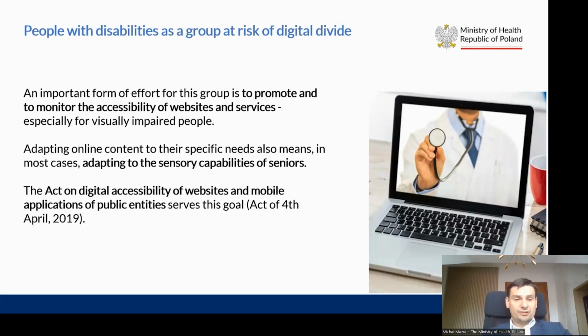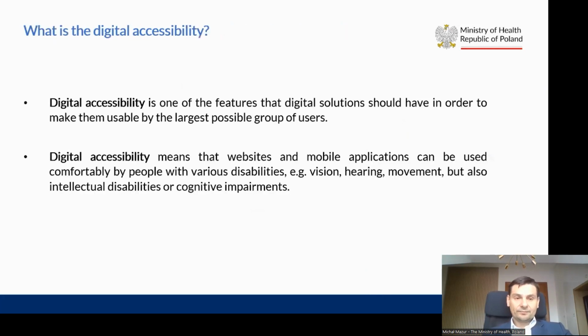Adapting online content to their specific needs also means, in most cases, adapting to the sensory capabilities of seniors, for example. The Act on Digital Accessibility of Websites and Mobile Applications of Public Entities serves this goal. It's the Act of 4th April 2019.